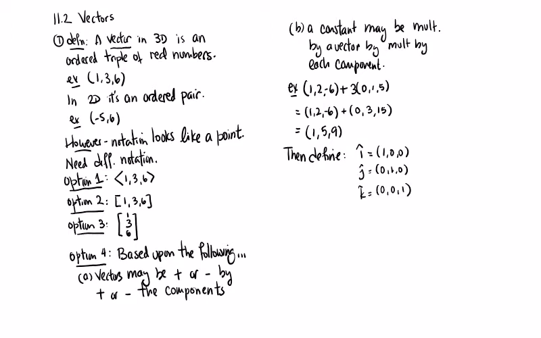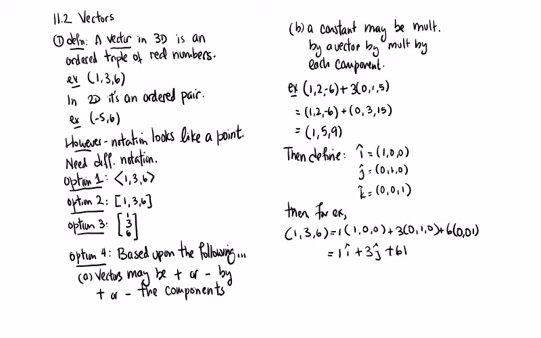So then, for example, the vector 1, 3, 6, the one we started with, is the same as 1 times 1, 0, 0 plus 3 times 0, 1, 0 plus 6 times 0, 0, 1, which is the same as 1i plus 3j plus 6k.